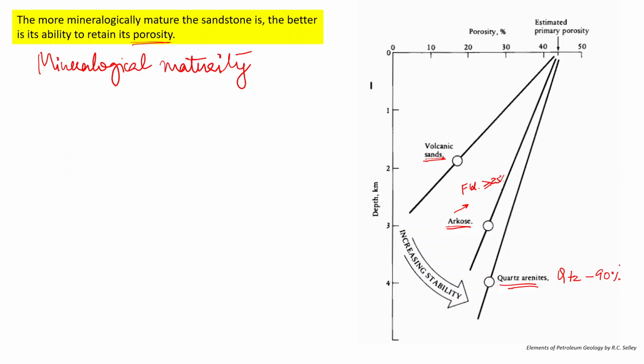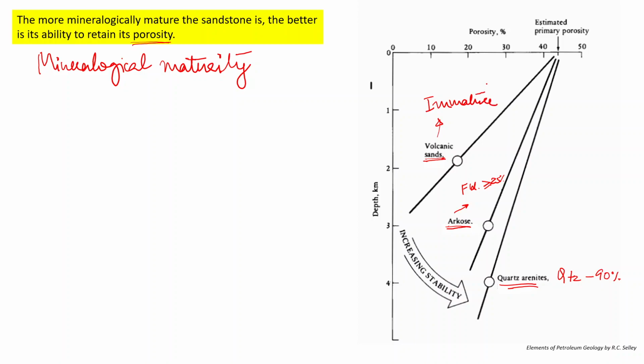Now we all are aware that volcanic sands mean the sandstones which have volcanic glass or volcanic minerals, which are very unstable. They tend to get destroyed very fast in the process, so the volcanic sands are quite immature.